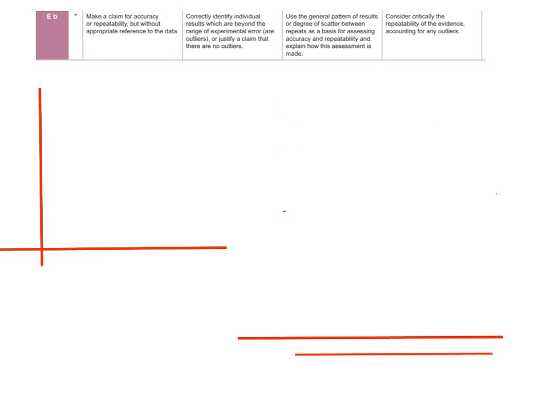So let's say that we have a whole load of scatter like this. You've got a whole load of lines like this.